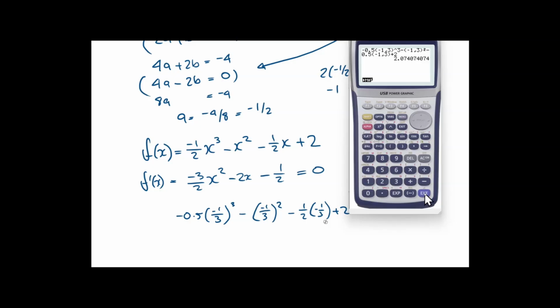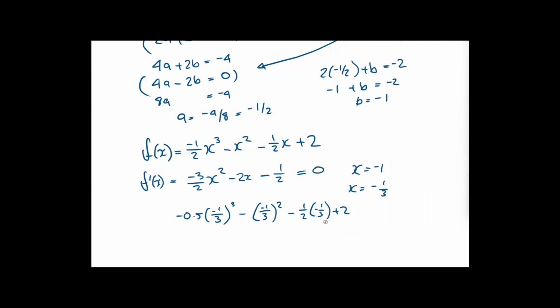I think that's probably part of E. I don't know, I might have checked that. So negative 1/3, 2.07 something something something. But is that a maximum or a minimum?